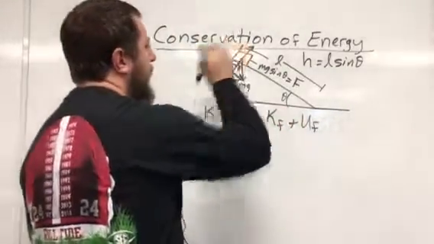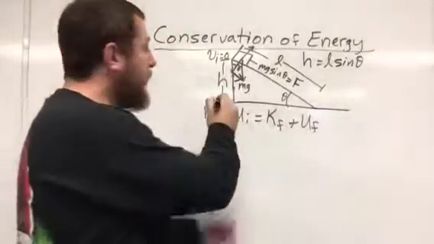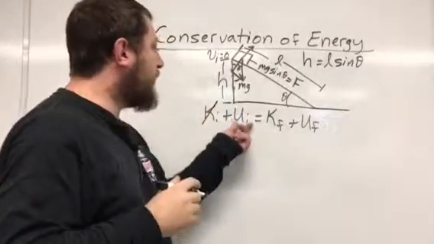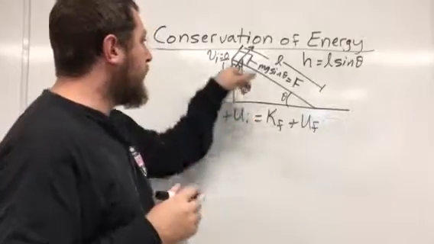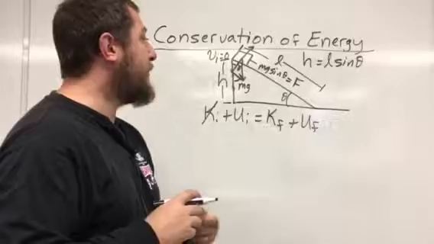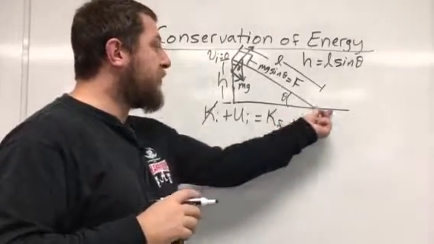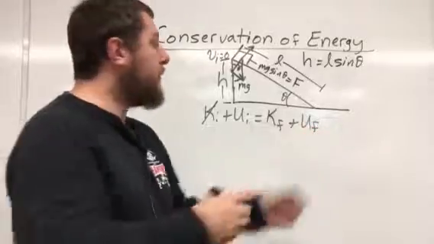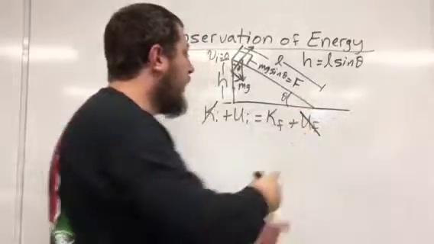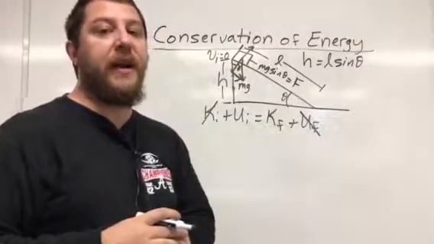And again, at the top of my system, there is no kinetic energy, so this term goes away, and I'm just left with my initial gravitational potential energy at the top of the incline. At the bottom of the system, all of the potential energy is gone, so this is now 0, and I'm left with my potential energy at the beginning is equal to the kinetic energy at the bottom.